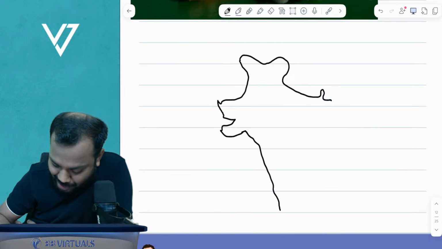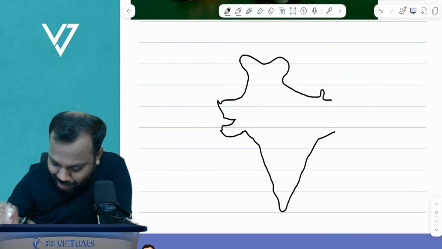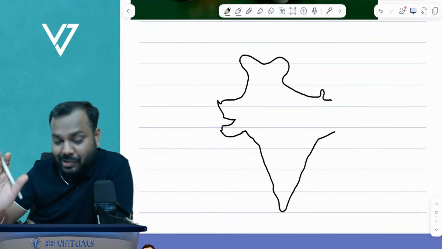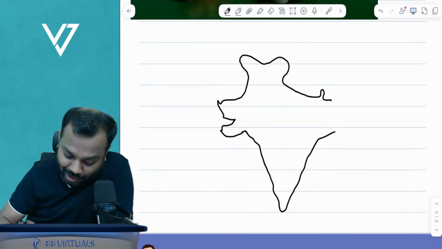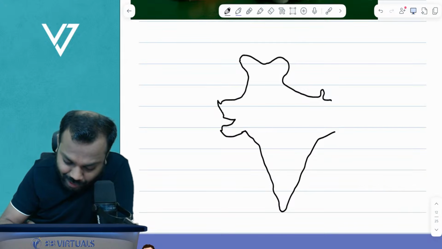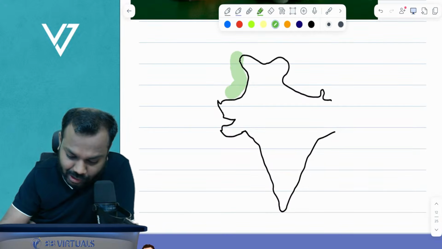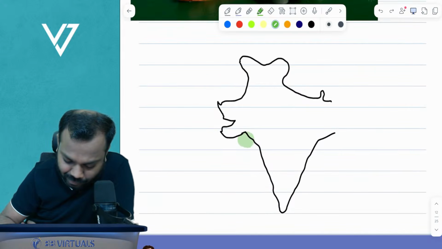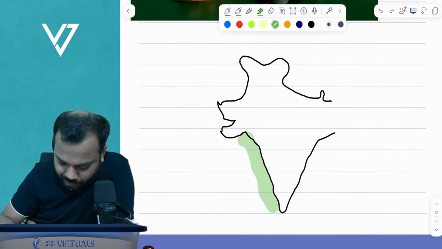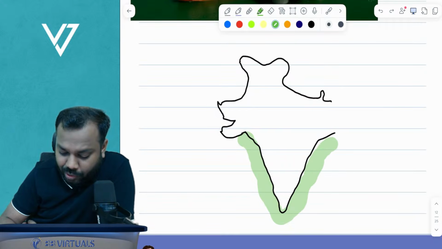Now, you know that the waters beside the Indian territory, the ocean here, are Indian territorial waters.